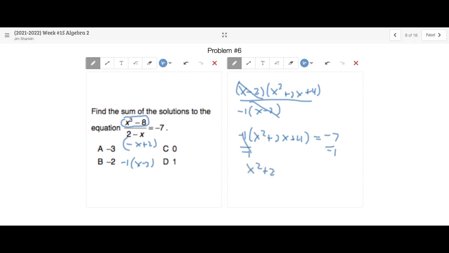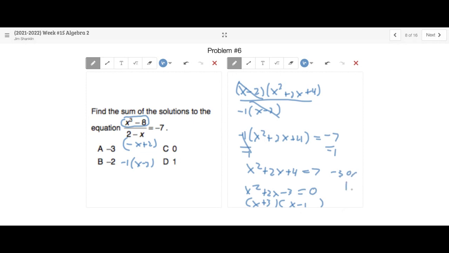So I'm left with x squared plus 2x plus 4 is equal to 7. It's a quadratic. I'm going to subtract off 7 from both sides. So x squared plus 2x minus 3 is equal to 0. And now I can factor. So x plus 3, x minus 1. So my solutions are negative 3 or 1.